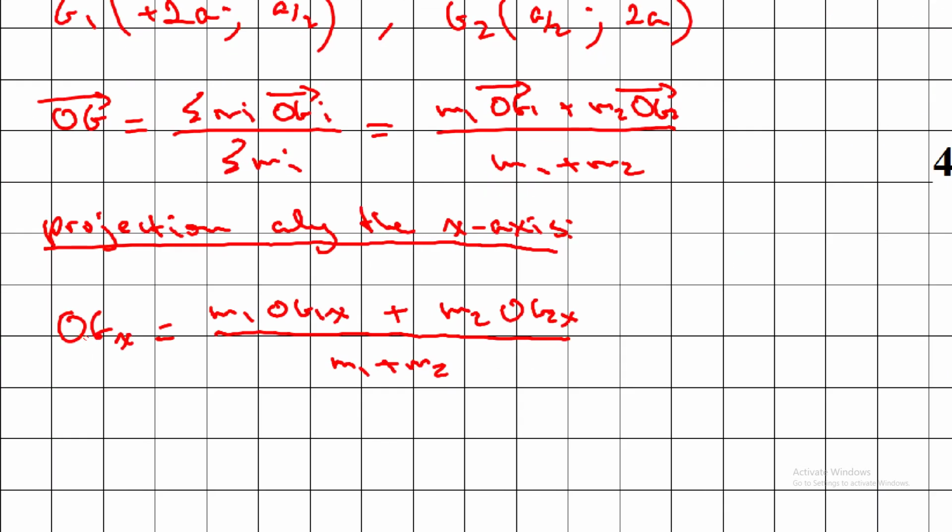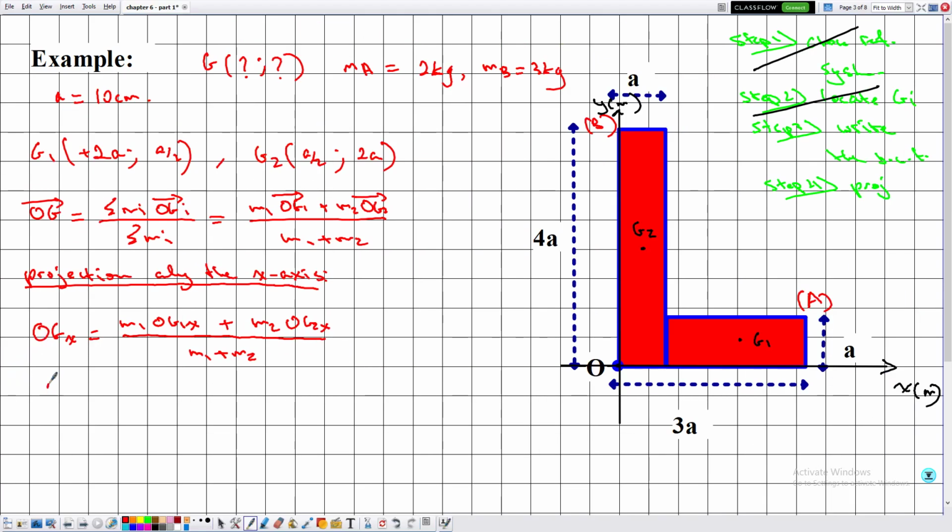In this case, because we are measuring with respect to the origin, then this can be given by xg, which is equal to m1 x1 plus m2 x2 divided by m1 plus m2. So this is x1, y1, x2, y2. The value of m1 is given by 2, which is the mass of the object A, so this is 1 and this is 2.